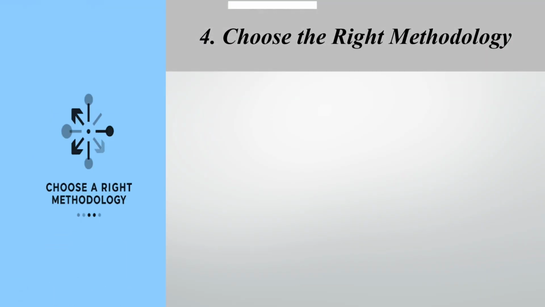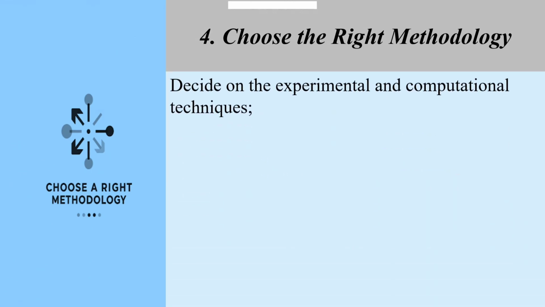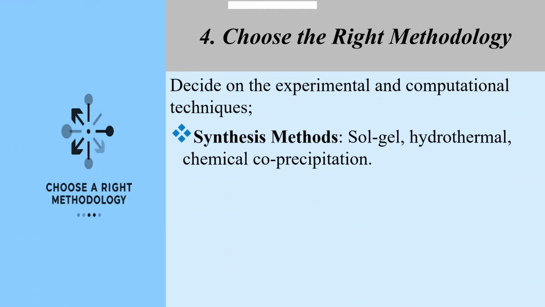The next very important step is that we have to choose the right methodology. When I'm talking about the right methodology, it means that either you are an experimentalist or you are talking about computational techniques. For example, if we go for the experiment, then when we are talking about the synthesis method, we have to be very clear about whether it would be a chemical method or a green method.